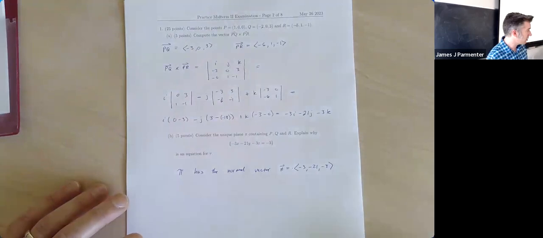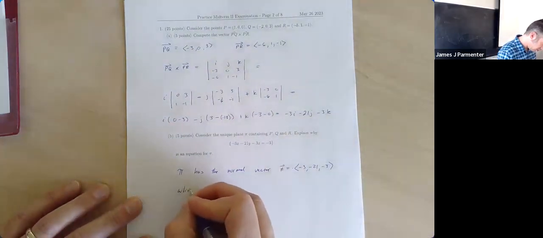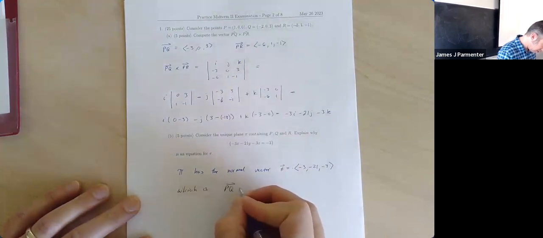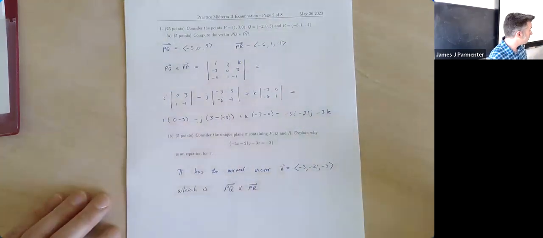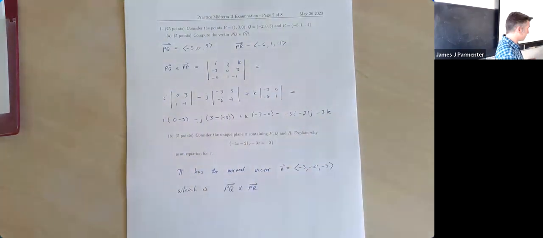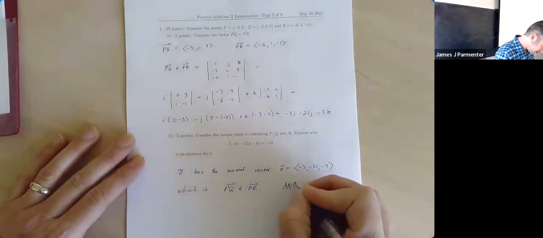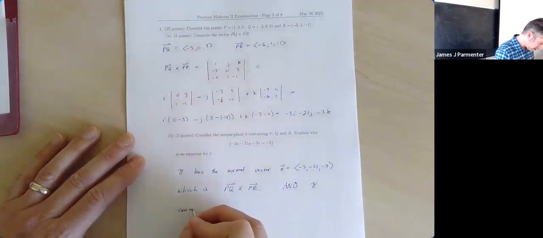But that's exactly the vector we just came up with above, which is PQ cross PR. But that's not enough, right? Because for the plane to be the plane that contains these 3 points, you have to have the right normal vector, and you also have to have a point. So we can also say the plane pi does contain all 3 of those points.